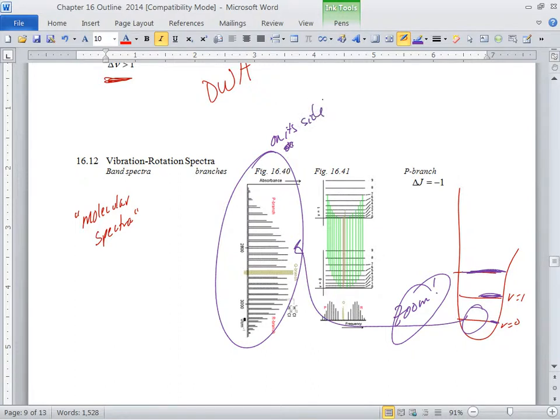I don't know if I did it or if the book did it, but the point is we like to think of transitions this way, right? Oh, we're starting here and we're going up to this one, right? But this is what you actually see on an instrument. If you take any absorbance spectra and just lay it on its side, what you actually see is energy going this way. The exact same plot.